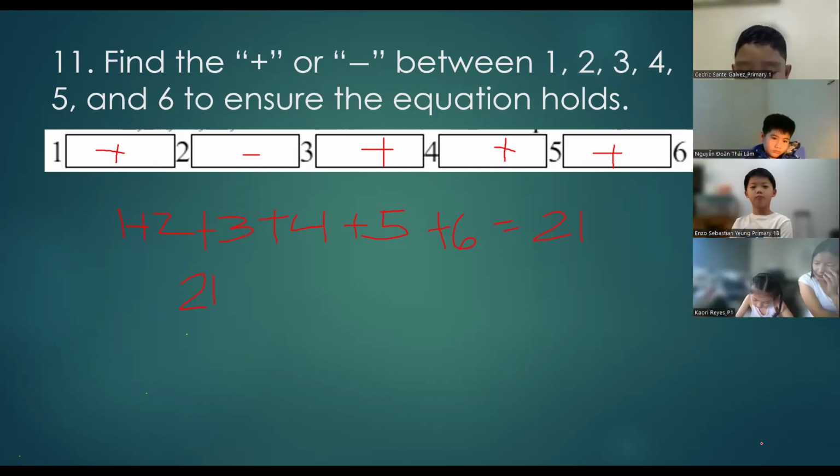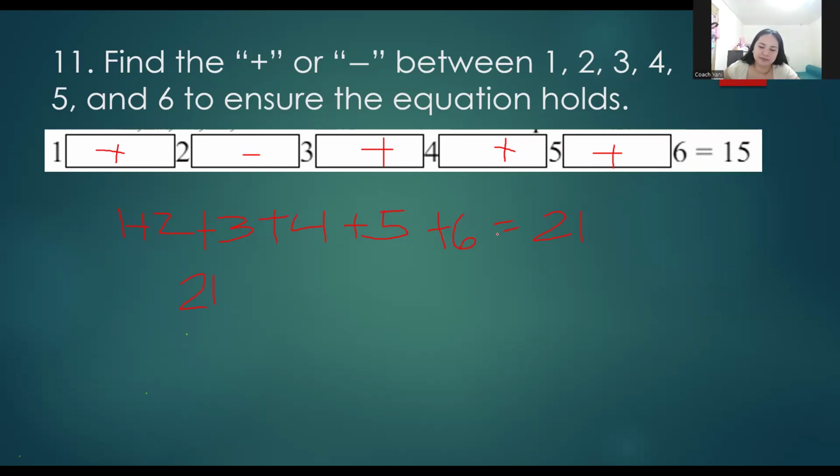Oh, there are different answers to this one, but I'm just telling you a shortcut. So you have 21 and then you need 15 here, right? You need 15. So you just have to minus 15 and then the difference is 6.